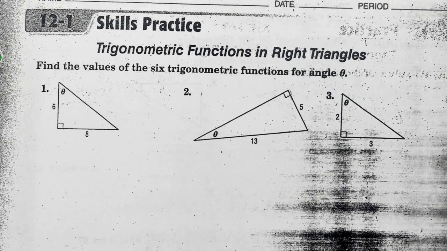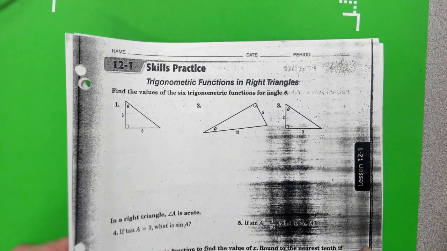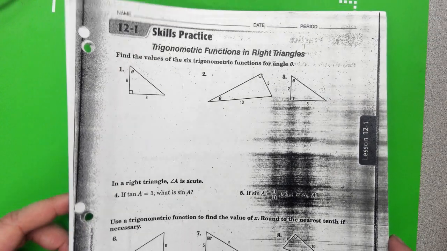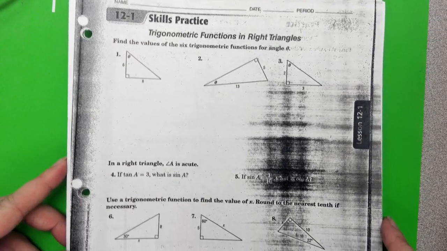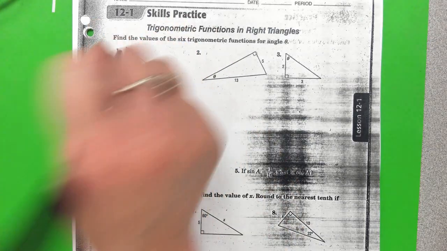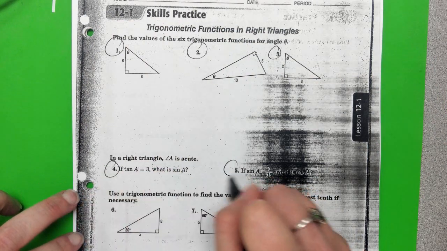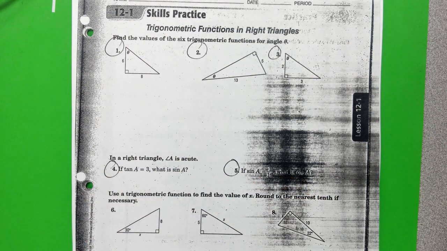All right, and we are doing 1 through 5. 1 through 5, guys. Okay, got about 10 minutes left. 1 through 5 on page 6.